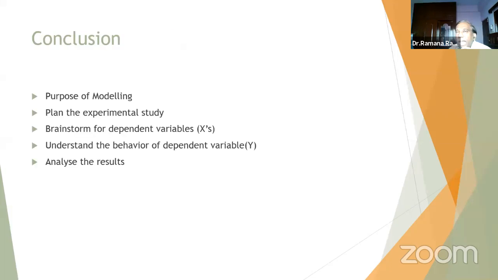That means I know what factors are required for my research, and I have done thorough brainstorming, but all the independent variables behave randomly. So because of that randomness, I cannot do mathematical modeling.